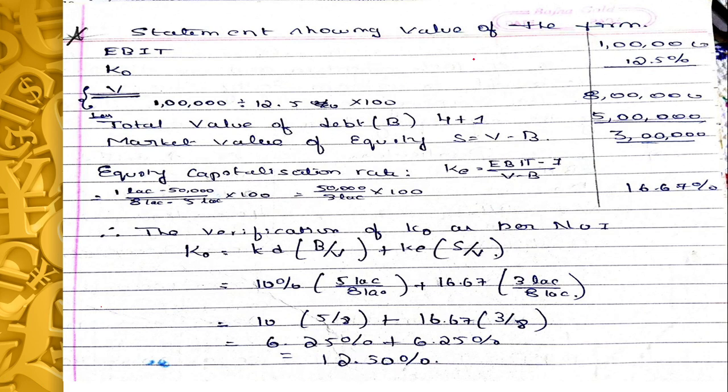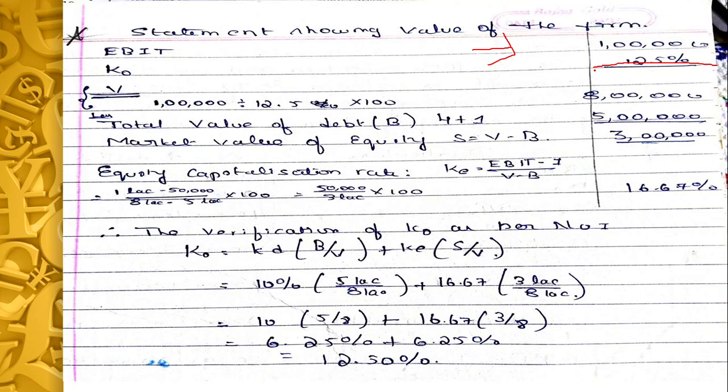Yes, the EBIT is 1 lakh and K naught is nothing but the overall capitalization rate. It is 12.5%. Now these two are the information provided in the question.